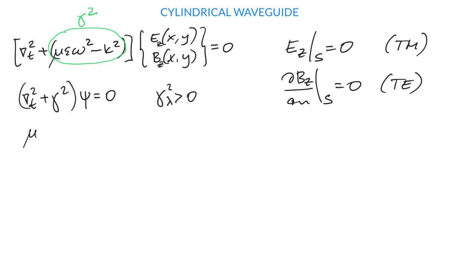So what we found is that mu epsilon omega squared minus k squared is equal to the corresponding value of gamma for each mode.